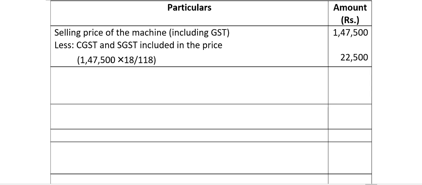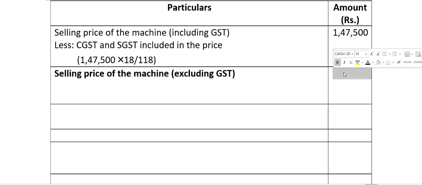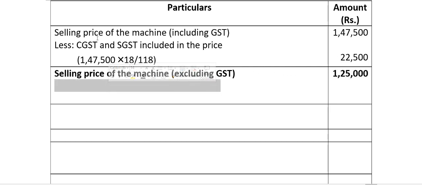So 1,47,500 into 18 divided by 100 plus 18 will give the amount of GST. When we deduct this, we will directly get the selling price of machine, that is excluding GST. This is very important for us. 1,47,500 minus 22,250.